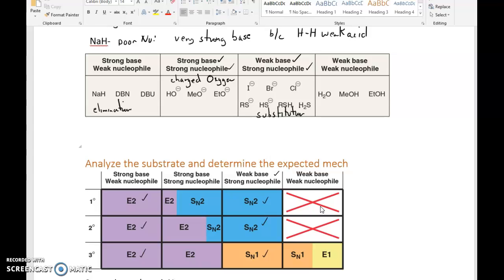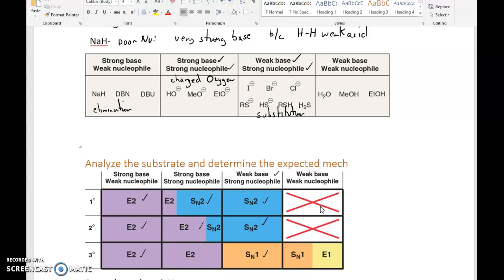A primary substrate will get SN2 substitution for our major product and an E2 for our minor product. If we go to a secondary substrate, then E2 predominates and SN2 is the minor product.